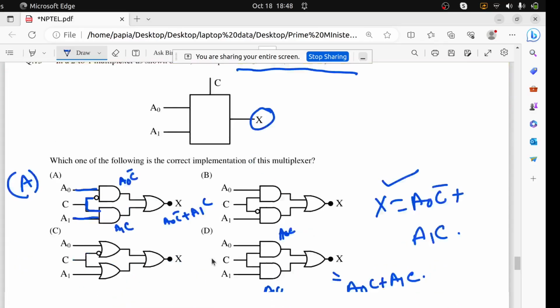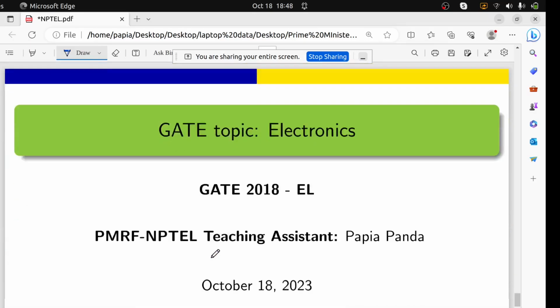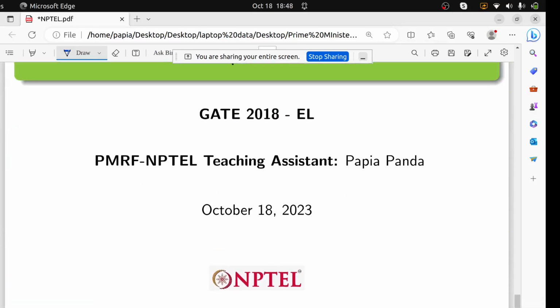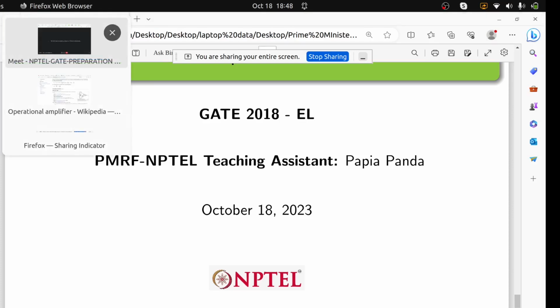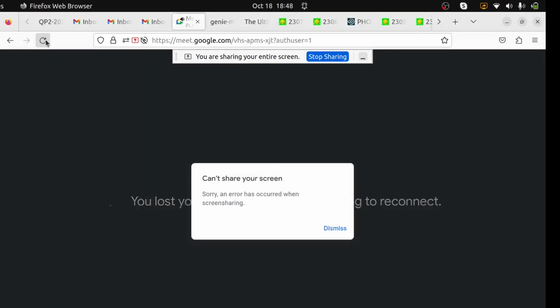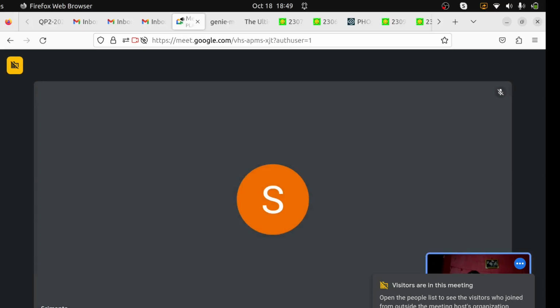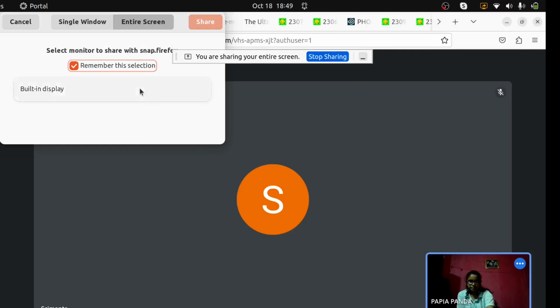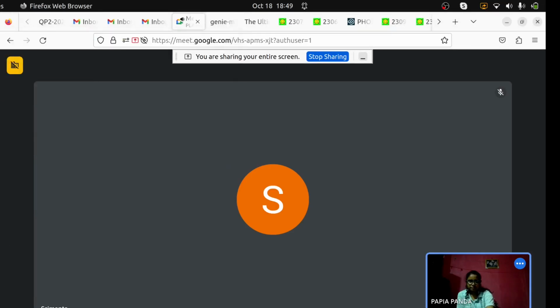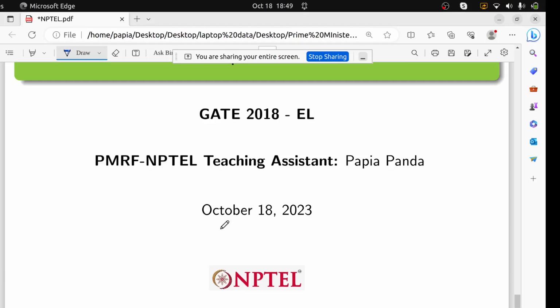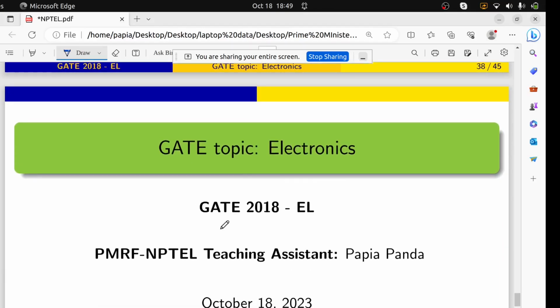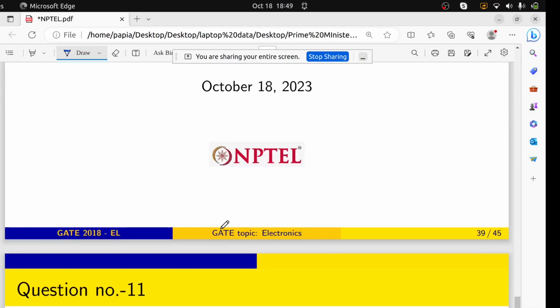Okay, now coming to the next question. This next question is from the 2018 question paper, and the question number is 11.